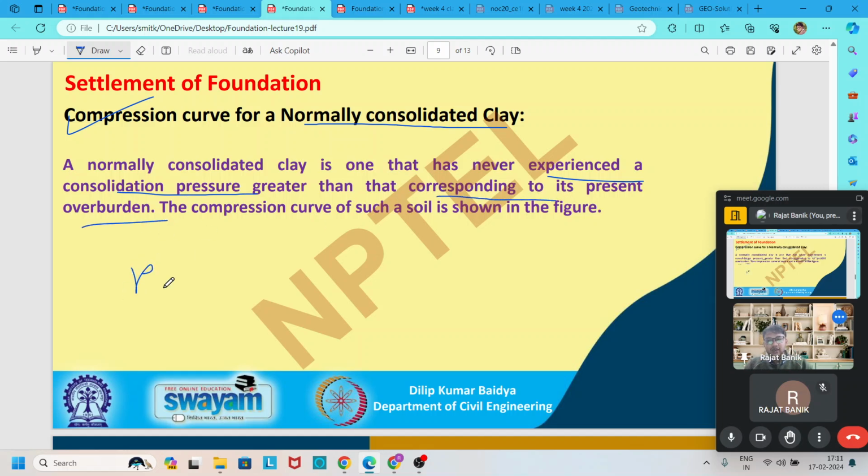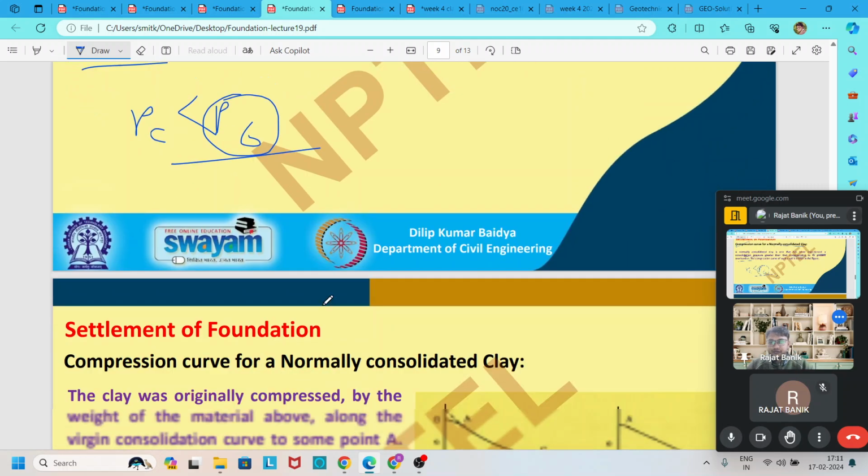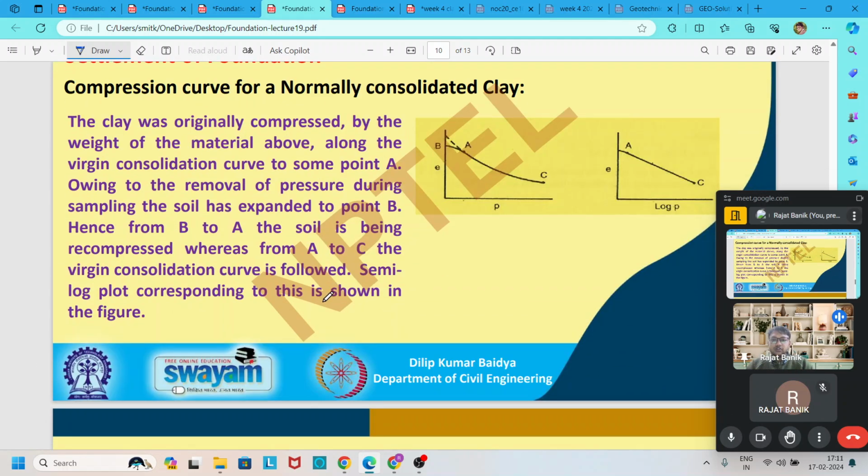That means if the pressure we apply is less than the overburden pressure, that means the pressure already present on the ground, then this is called normally consolidated clay.